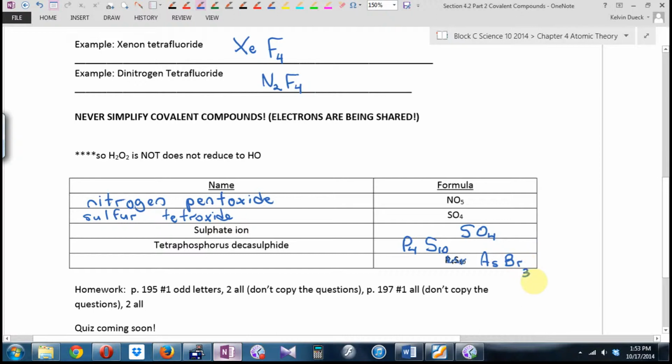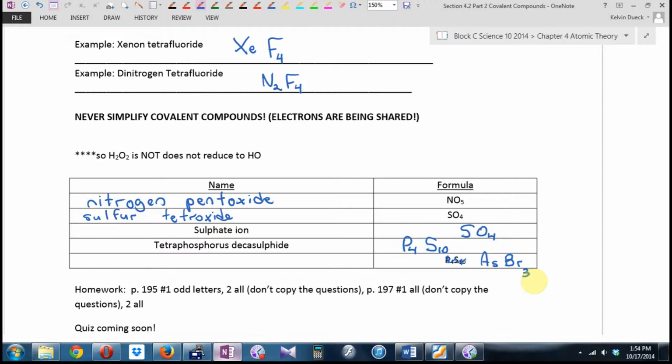AsBr3. Let me make sure I did that right. I think so. AsBr3. Covalent or ionic? And how do I know? Okay, non-metal, so covalent, check.